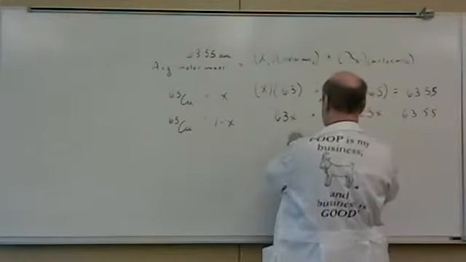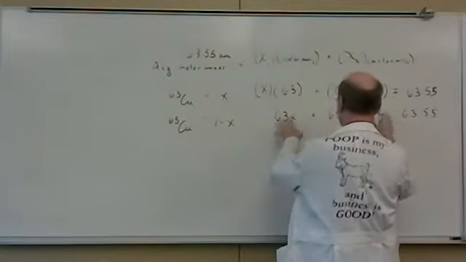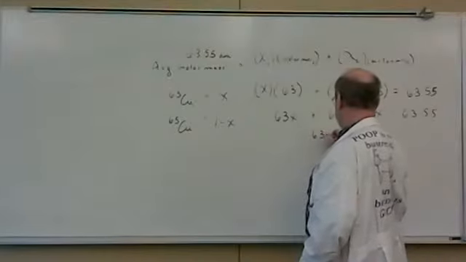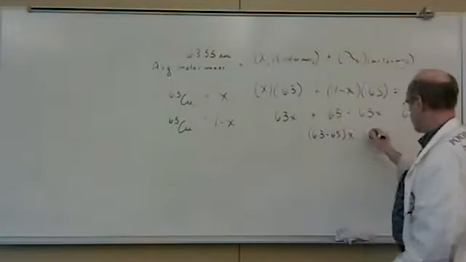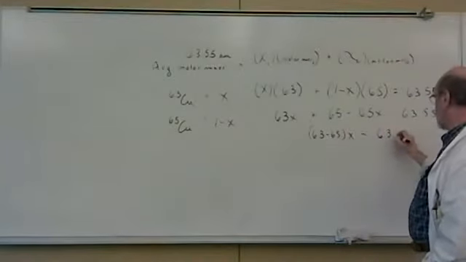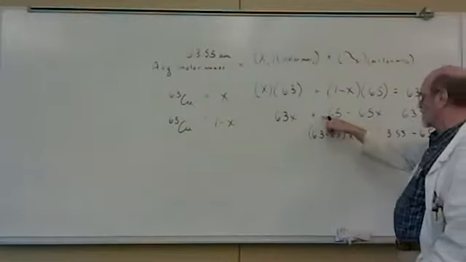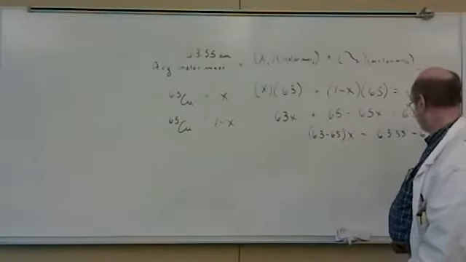So if we say 63X, if we combine our X's, then we have 63 minus 65X, and then 63.55 minus 65, because it came from over there and went over here.